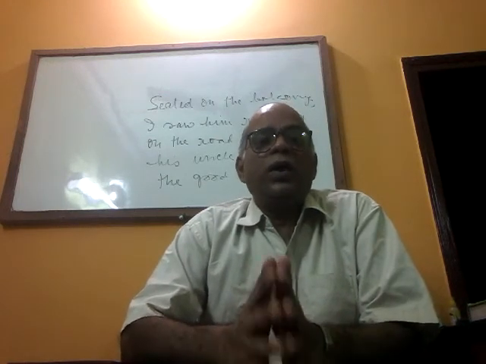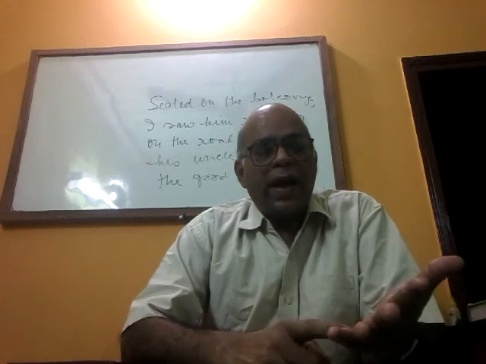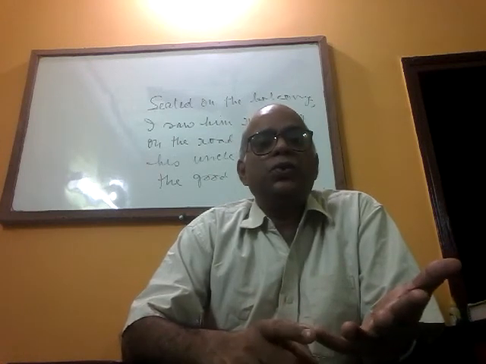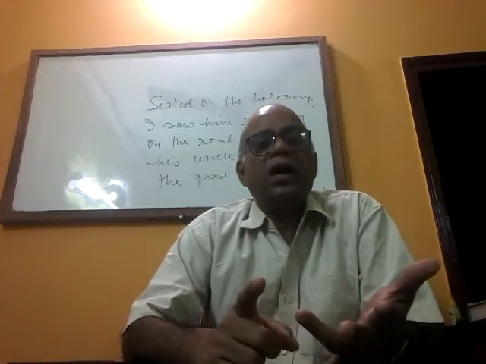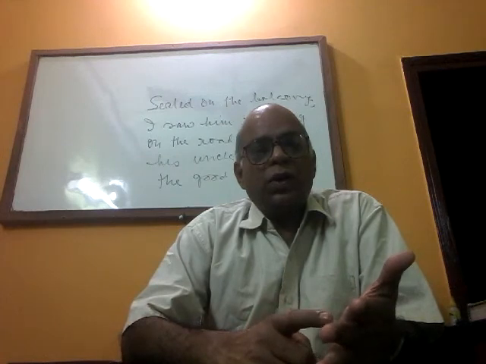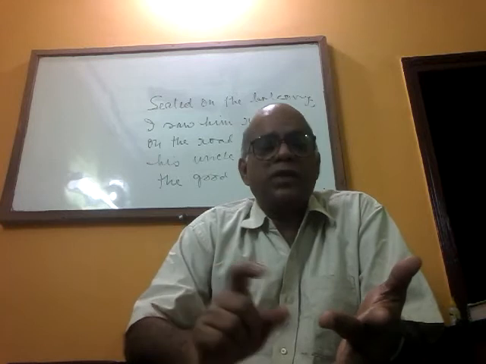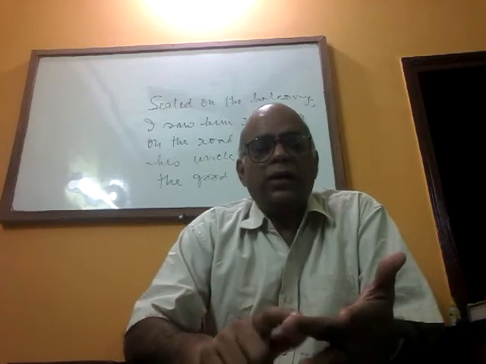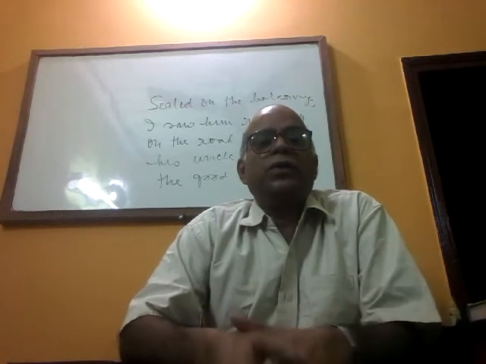So, coordinating conjunctions are, you may write down if you want: and, or, but, so, therefore, for, else, otherwise, on the contrary, then correlatives like either or, neither nor, not only but also. These are the coordinating conjunctions.